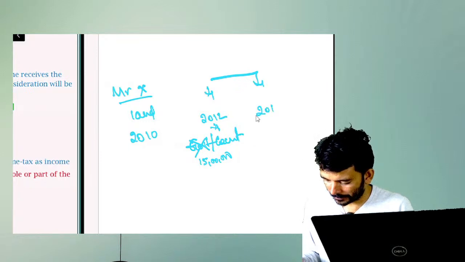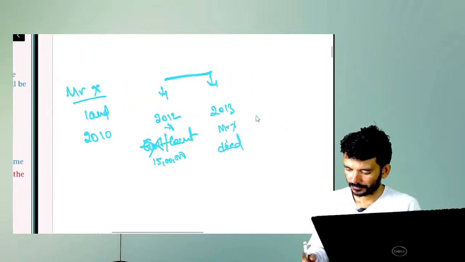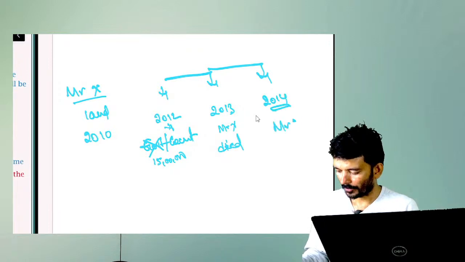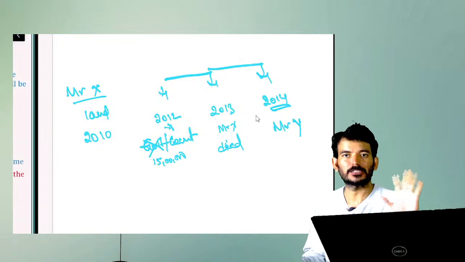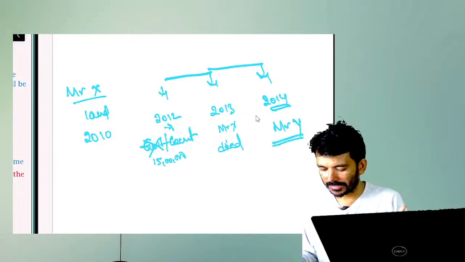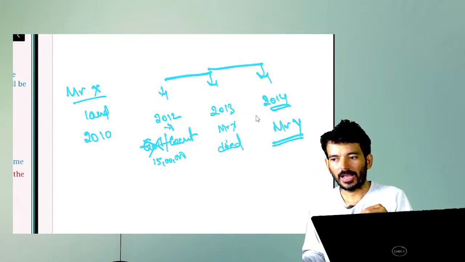In 2013, Mr. X died. In 2014, government is paying Mr. Y, who is the son of Mr. X, which is like an inheritance property. Now Mr. Y is receiving this compensation as his father's property.